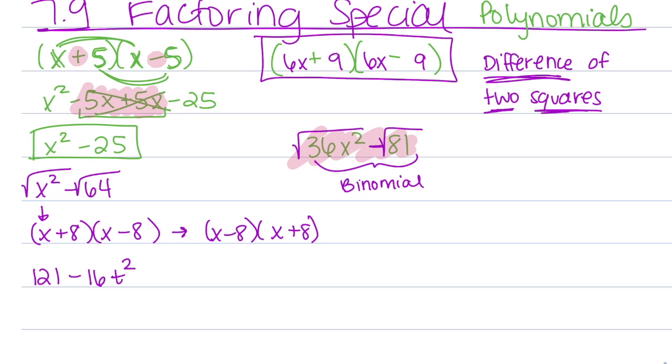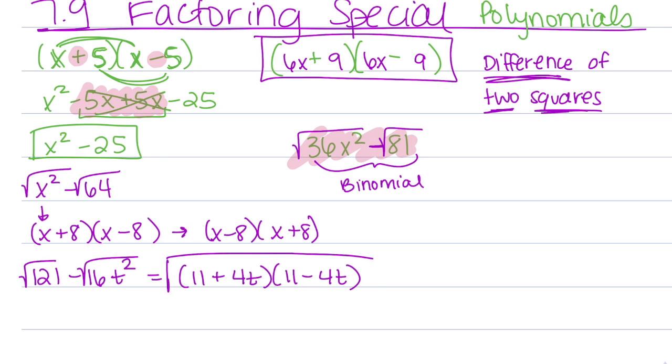So even though the variable is second, it still fits the setup of difference of two squares. If I square root this and square root this, then I can say that it's the same as 11 plus 4t times 11 minus 4t. And that would be my factored form for this.